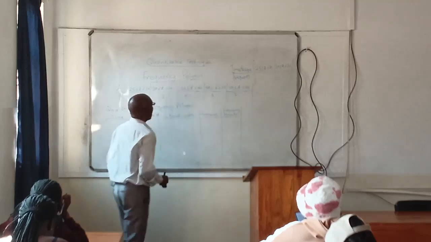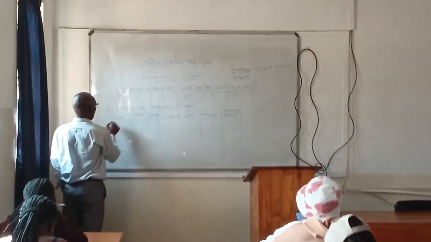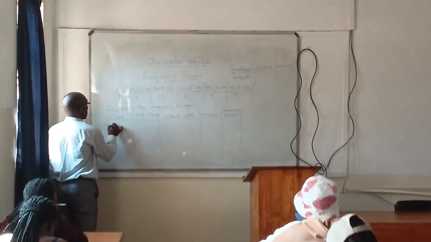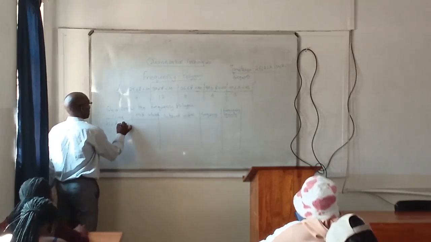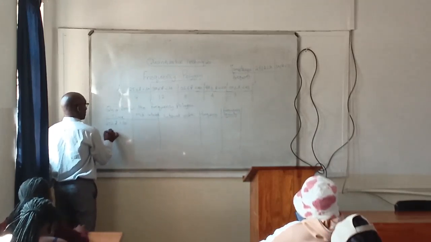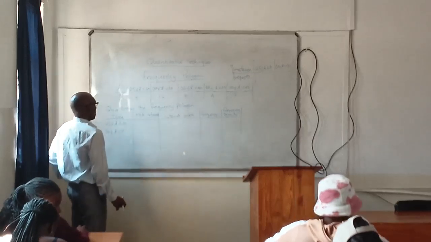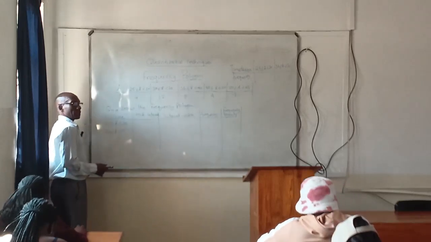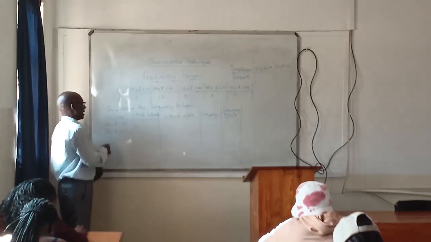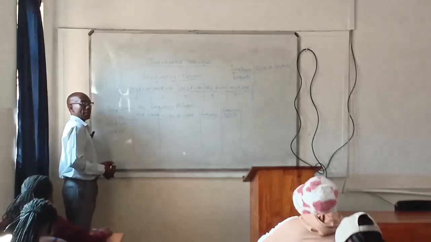Right. Now, if you look at the first one, time is between 25 less or equal to t less than 30. Then I'll go to 30 less or equal to t less than 35. The mid-interval, how do you calculate mid-interval? You add lower bound plus upper bound divided by 2.